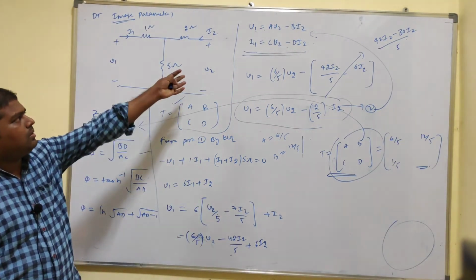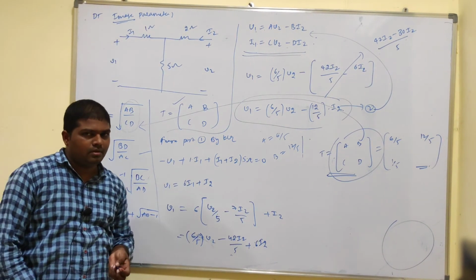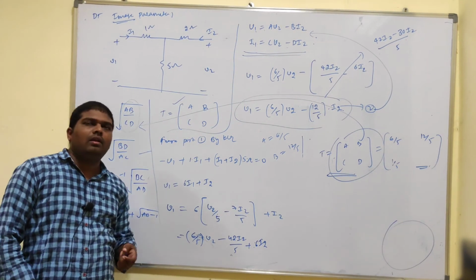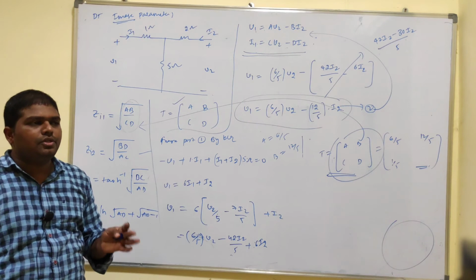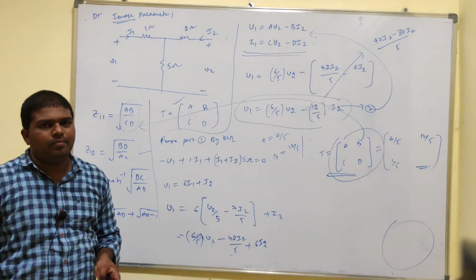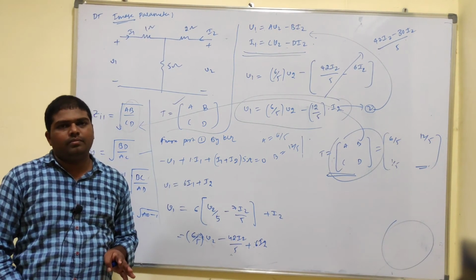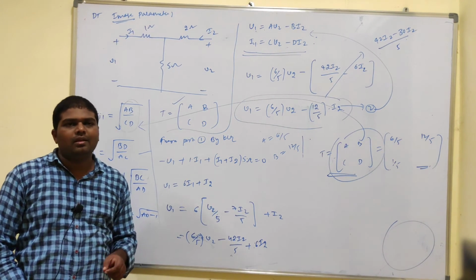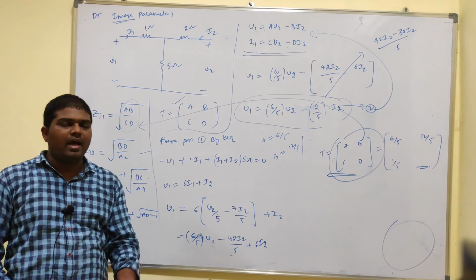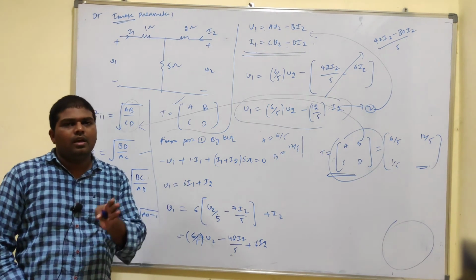If the question paper asks about image parameters, whatever the model, whether T model, pi model or any other model, first you need to calculate the T parameters. If you are unable to calculate the T parameters directly for some other network, calculate Z parameters, Y parameters, whichever is convenient, and then convert that into the T model.